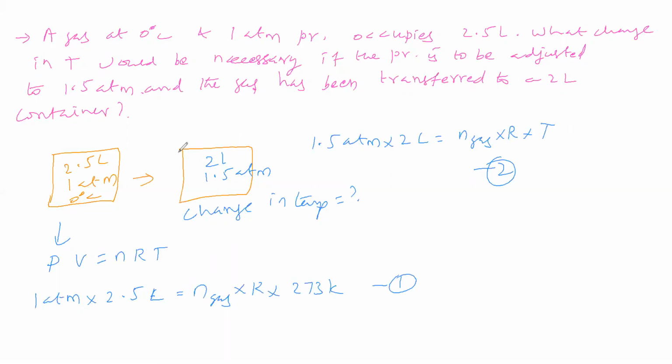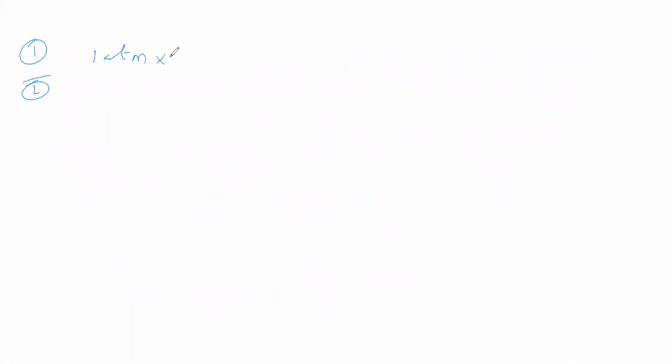In the first equation, what is there? 1 atmosphere, 2.5 liter vessel, number of moles of gas, temperature 273 Kelvin. Now we will take the second equation.